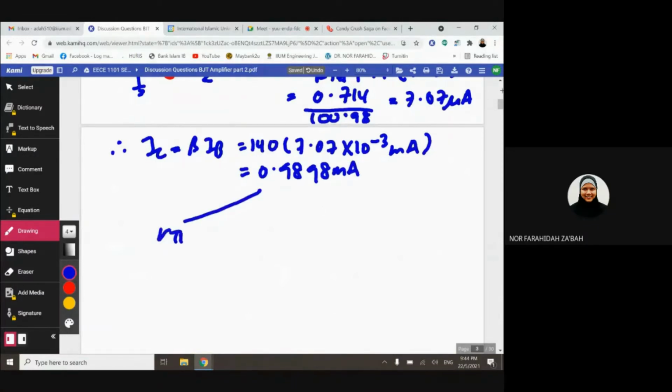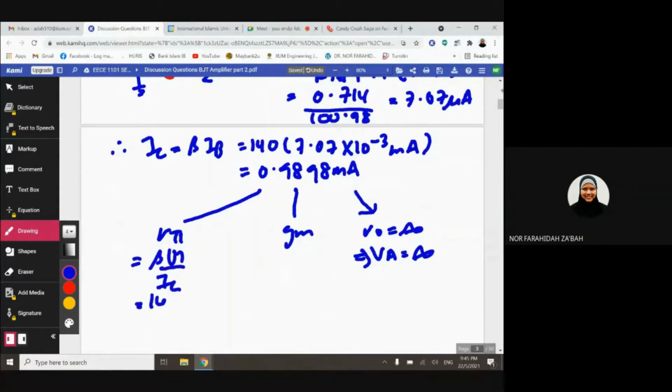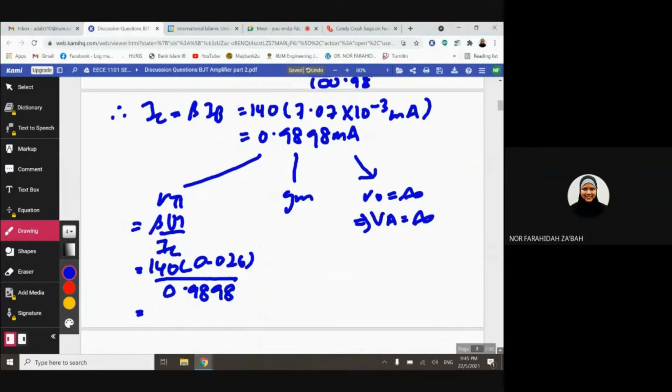So you can find your R pi and GM. Your R naught is infinity because your VA is infinity, so we know that straight away. R pi is equivalent to beta VT over IC. So 140 times 0.026 over 0.9898, and you will get 3.68 kilo ohm.